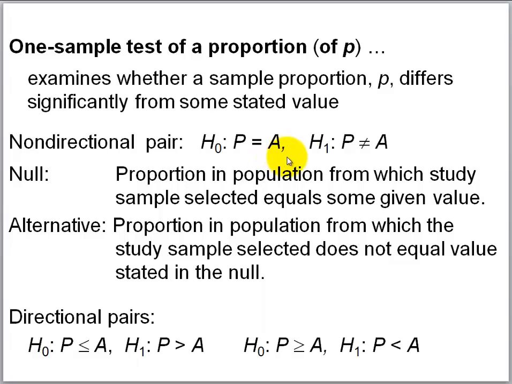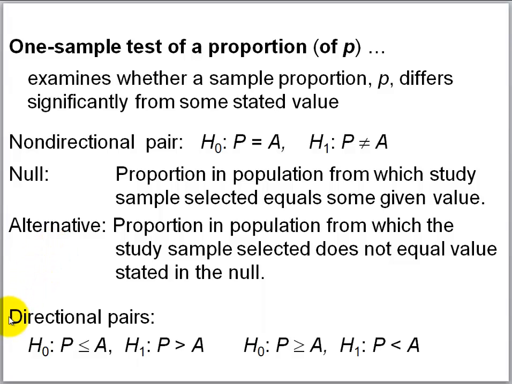And the alternative would state that this is not so. So in words, the null: proportion in population from which study sample selected equals some given value. Alternative: proportion in population from which study sample selected does not equal the value stated in the null.